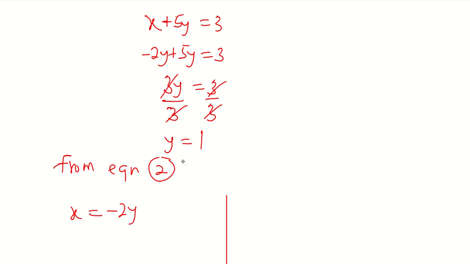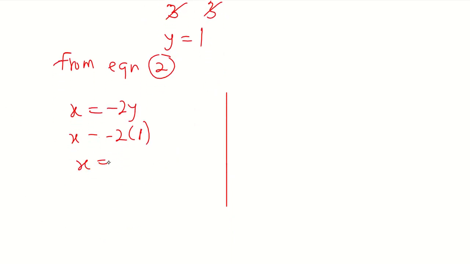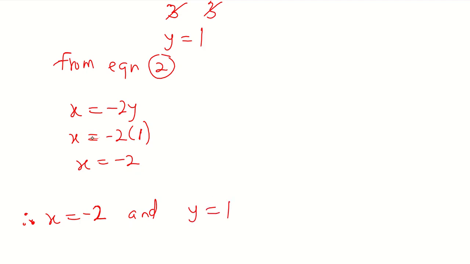So if y now is equal to 1, then our x value here is equal to negative 2 multiplied by 1, which means our x value now is equal to negative 2. So now we can conclude by saying that therefore x is equal to negative 2, and our y value now is equal to 1. And that becomes the value of x and y.